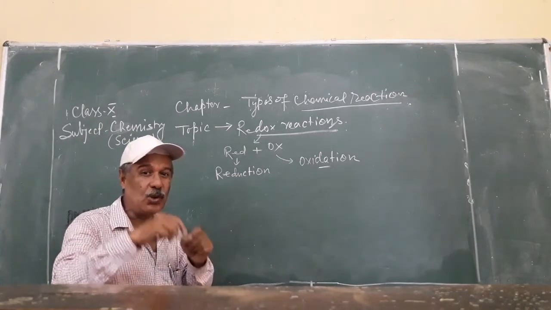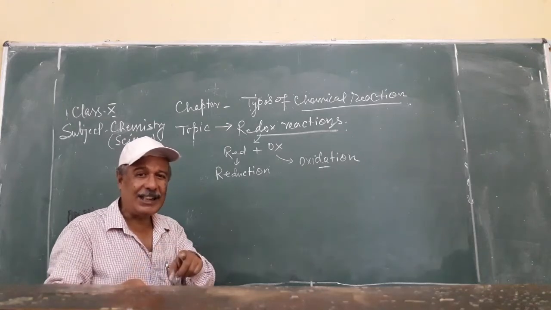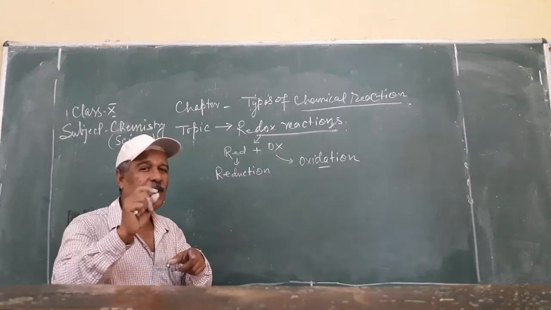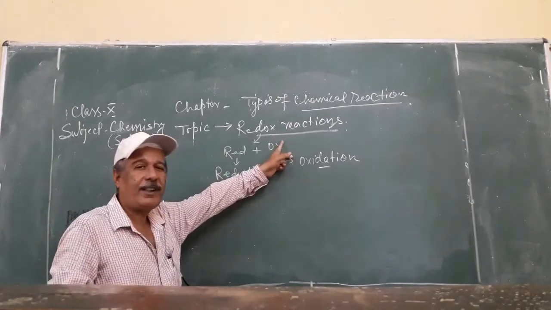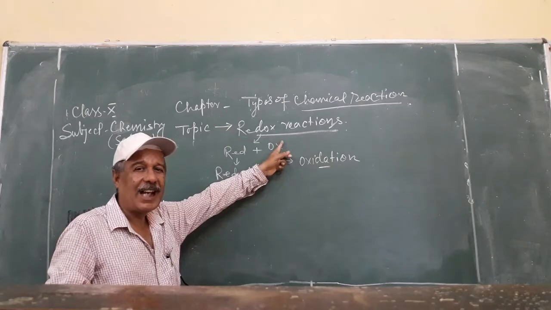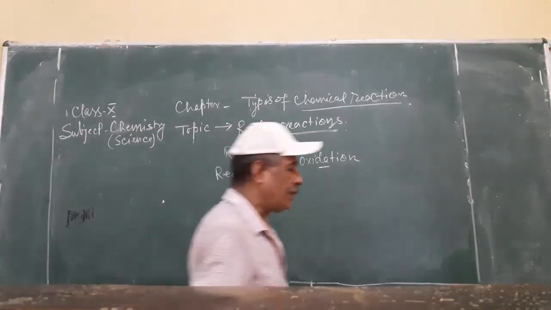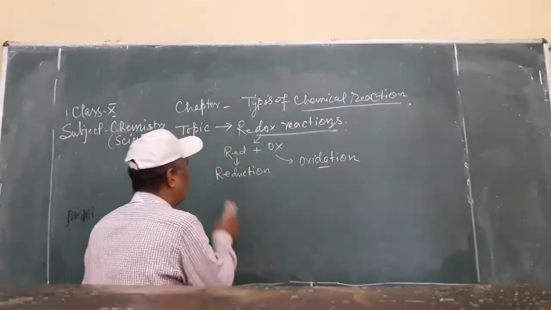Correct? So if oxidation will occur, it is but natural that side by side reduction will also occur, and that reaction is known as what? Redox reaction. Correct? So let's see some chemical reactions which are representative of redox reaction.